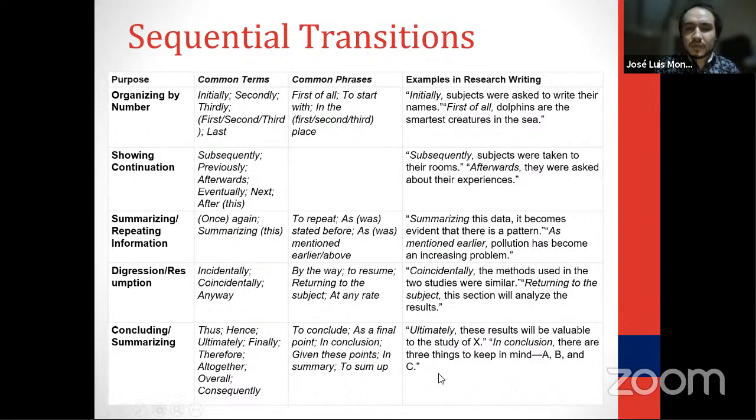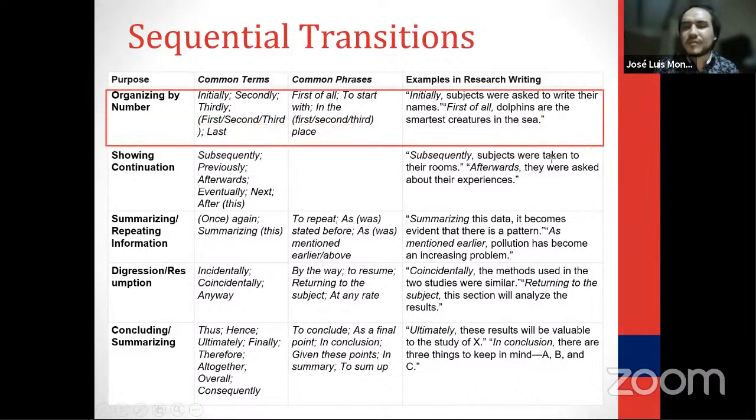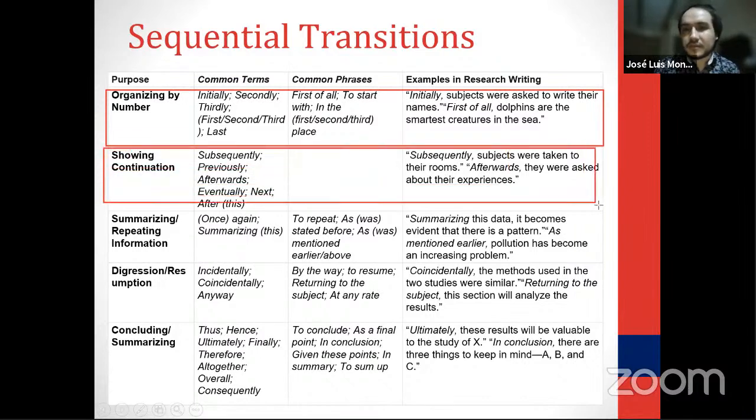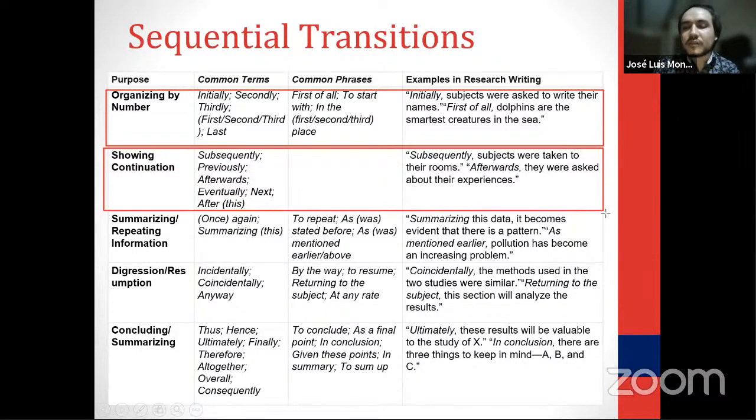But to do that, we're going to read these ones over here. I'm going to show you, and you're going to help me, of course. Organizing by number, because you can use this a lot. Showing continuation, right? This is for the second idea or for the following ideas that you're going to use. Summarizing, you can use that if you want, but it's not the main thing over here.